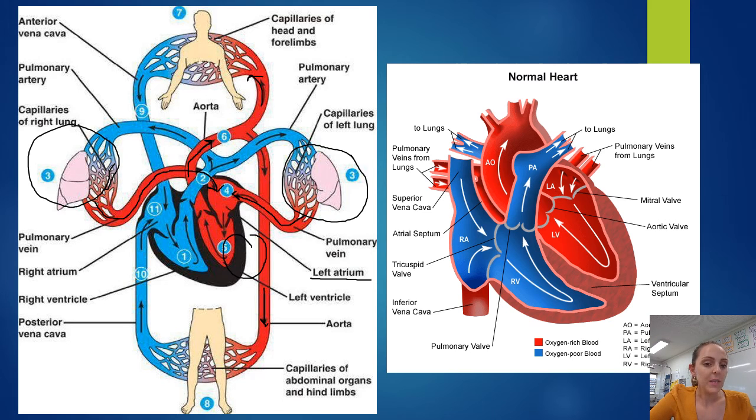Now, once we've delivered that oxygen-rich blood to the areas of the body that need it, we're left with deoxygenated blood. And that needs to travel back to the heart to be delivered back to the lungs for reoxygenation. So having a look at the legs here now, that deoxygenated blood is going to travel through the veins, and it's eventually going to make its way back to the major vein that leads into the heart, which is the vena cava.